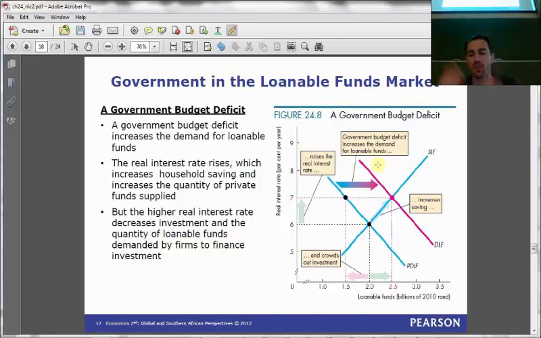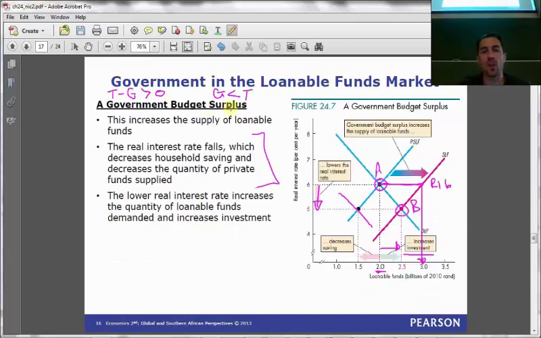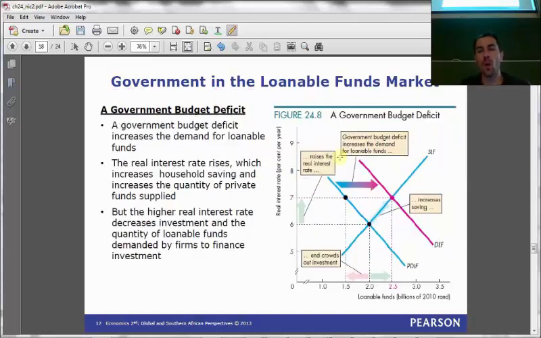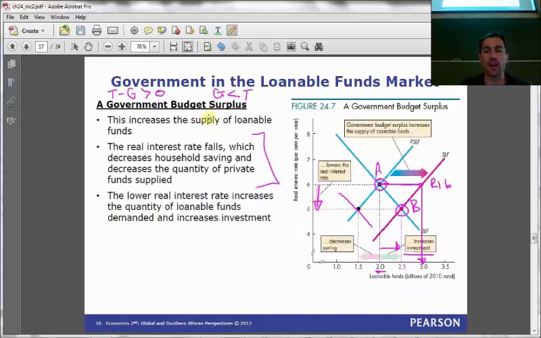So just to bring some clarity to that, what I'm saying is a budget surplus, we can describe that as a shift to the right in the supply curve, or a budget deficit as a shift to the left in the supply curve.